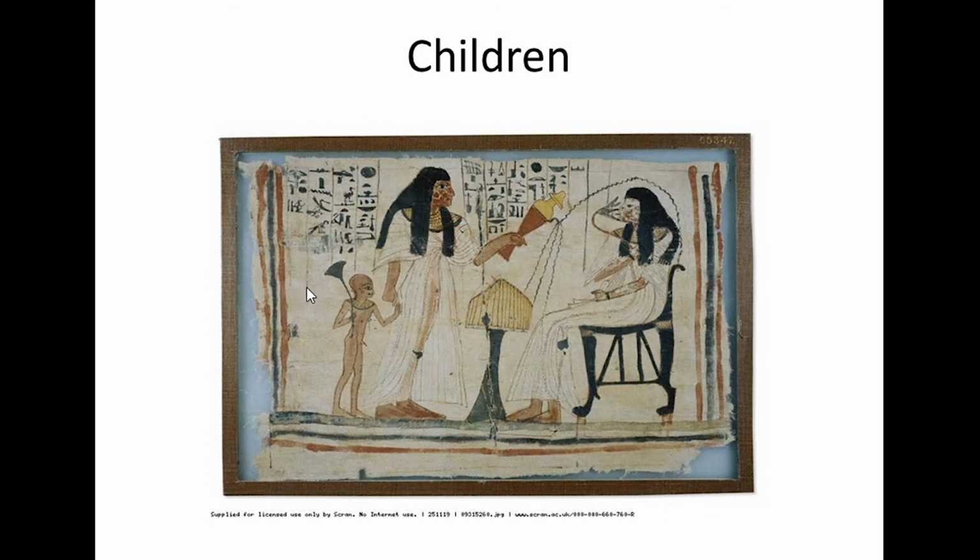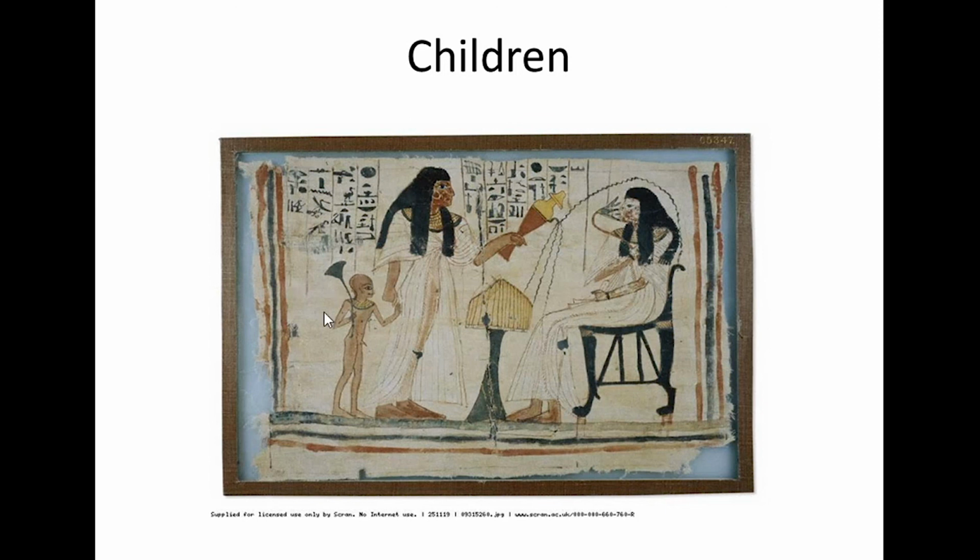Children, when they are portrayed, are almost always portrayed naked. It doesn't necessarily mean that children in Egypt went around naked all the time. There are symbolic conventions in ancient Egyptian art, and one of those was that children are portrayed naked. It's probably just a signal that they are children. I mean, it's possible that they did run around naked, but it's certainly an artistic convention.